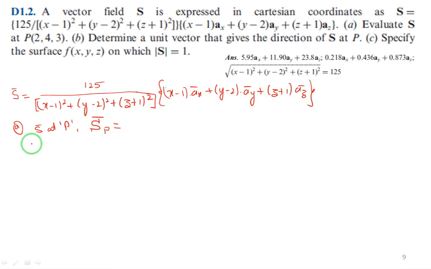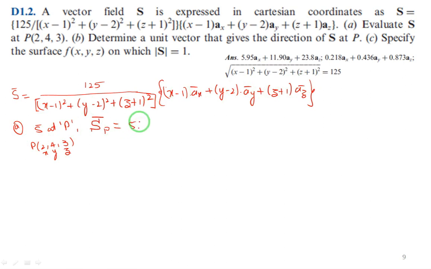Point P is given, having the coordinates 2, 4, 3. So the value of x is 2, y is 4, and z is 3. Substitute these values in the S vector expression: wherever x comes, substitute 2, wherever y comes, substitute 4, wherever z comes, substitute 3.